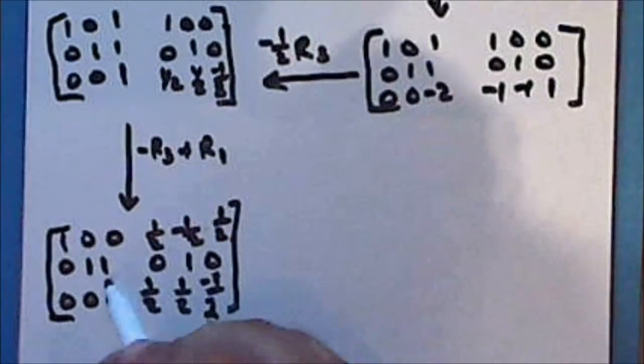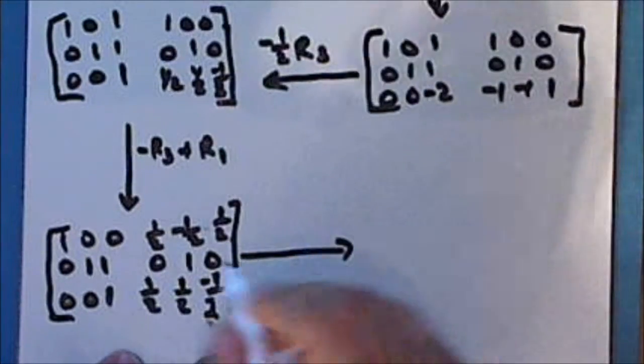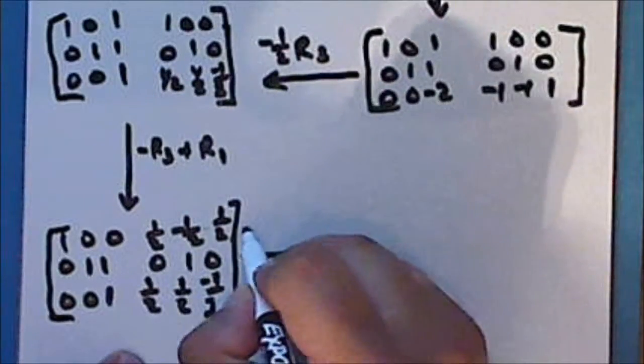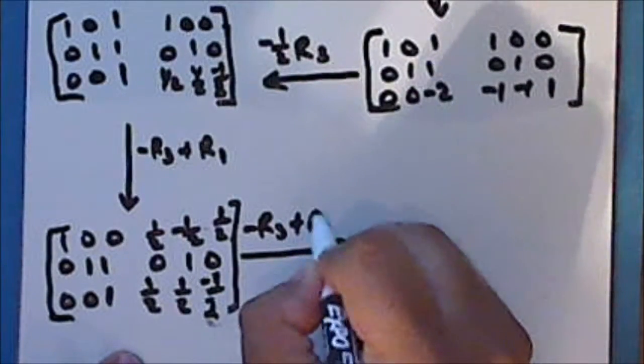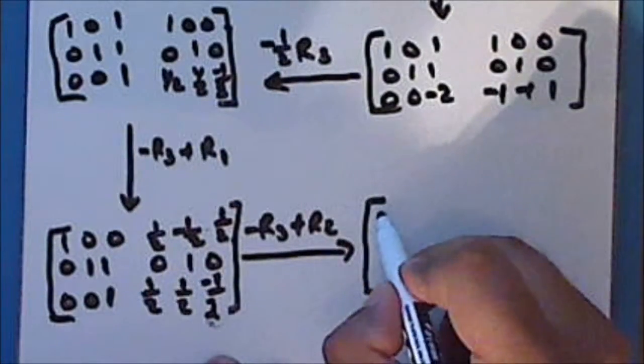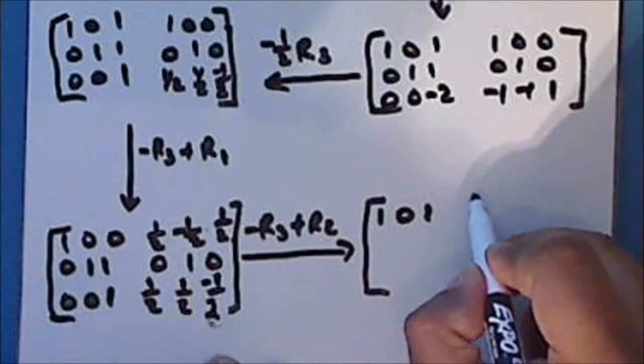And so now we need to eliminate the 1 in row 2. And so we will add to row 2 negative 1 times row 3. So row 1 and row 3 do not change.